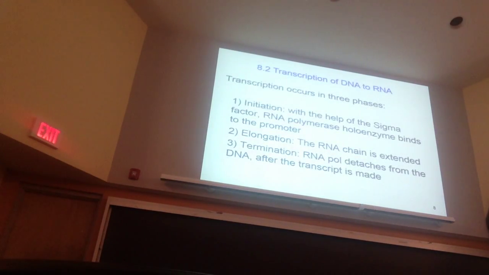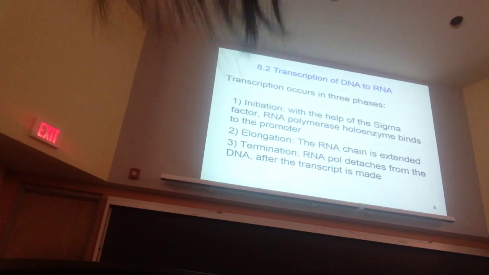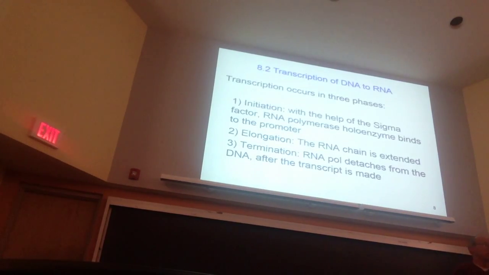Okay, so this is the big picture view, and this is about all I'm doing with transcription and translation. We've had this before. So with the help of the sigma factor, initiation of the transcript is carried out by RNA polymerase. It is the real enzyme, but it's the promoter region to which it binds.